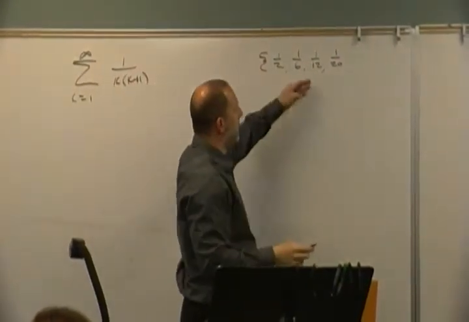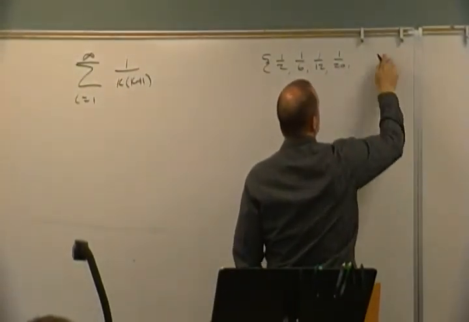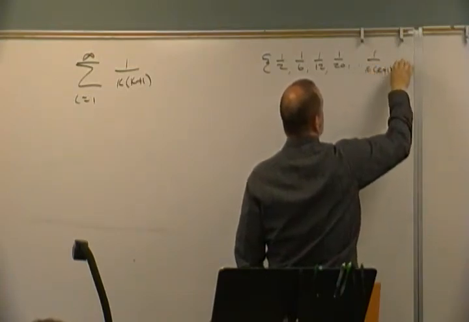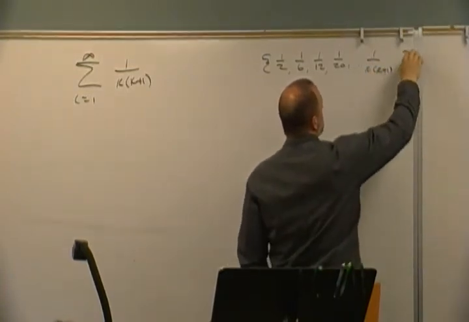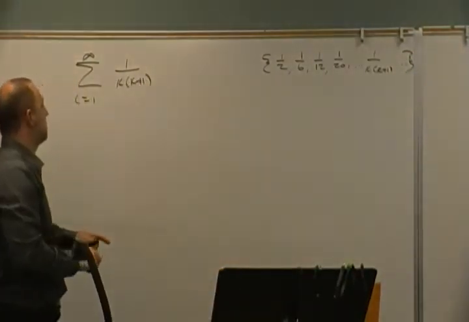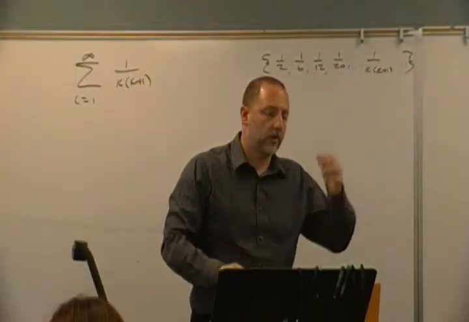So the question is, if I continue this out, this is going to be 1 over k times k plus 1. If I add up this sequence and make it into a series, and here it is a series, does this converge or diverge?